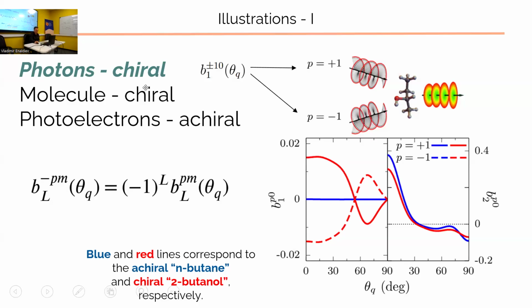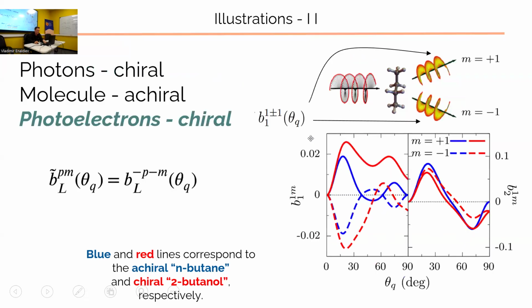Okay, so again, we have the two cases, left polarization photon and right polarization photon, and the coefficients B1 will change between these two situations, and it's a chiral asymmetry.